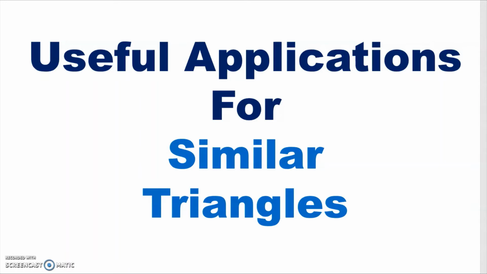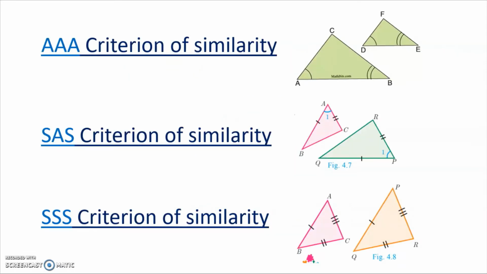So let's proceed to see some of the useful applications. We have seen that for two triangles to be similar, their angles will be equal. We call that the AAA property, where their three angles are equal.